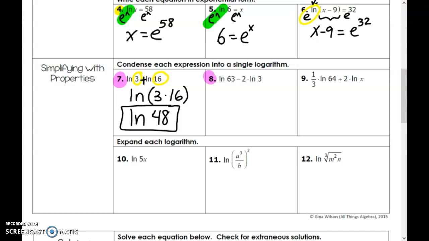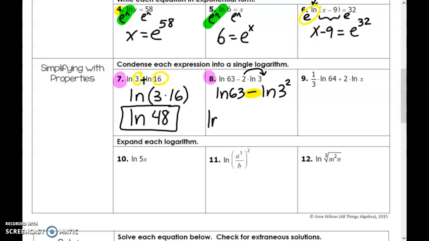On to number 8 here. We have natural log of 63 minus 2 times the natural log of 3. That power property applies. That becomes 3 squared. So we have natural log 63 minus the natural log of 3 squared. Now because we have subtraction here, we have minus, we're going to do the quotient property.